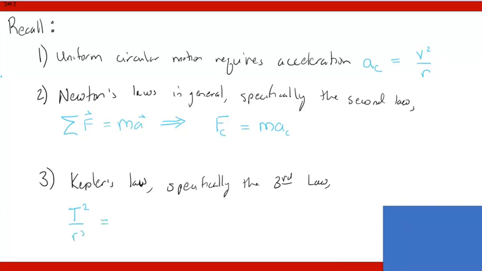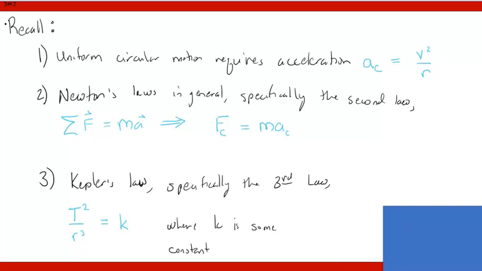But we could just render it as t squared over r cubed equals k, where k is some constant. So k just has some constant value for our system. And that value may change depending upon the system you're looking at, but it fundamentally is constant within a given system.